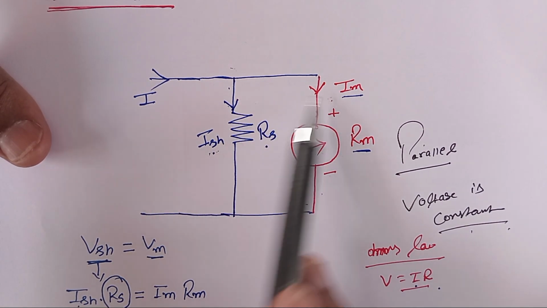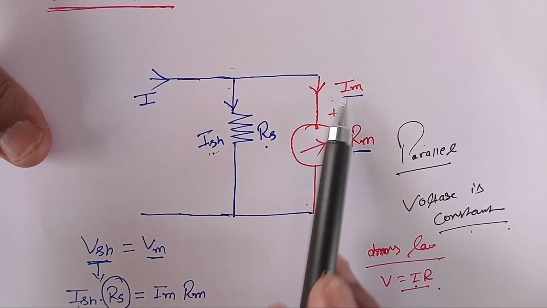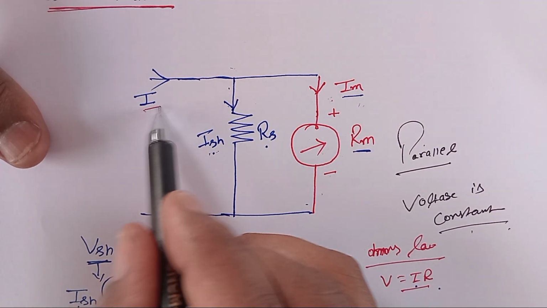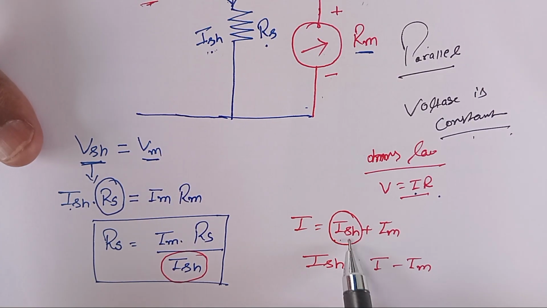In parallel branches, the current is split, so the sum of these currents is equal to the total applied current I. So I equals Ish plus Im. Then Ish can be written as I minus Im.